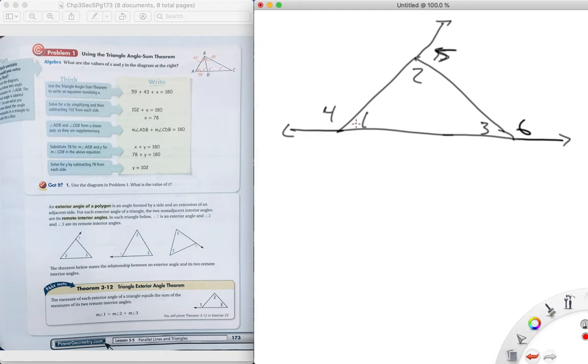Angles 1, 2, and 3 are called remote interior angles.